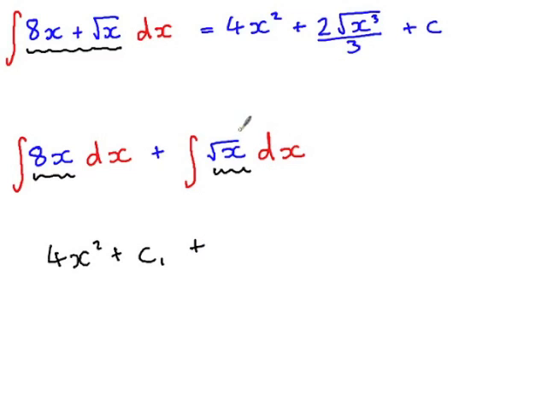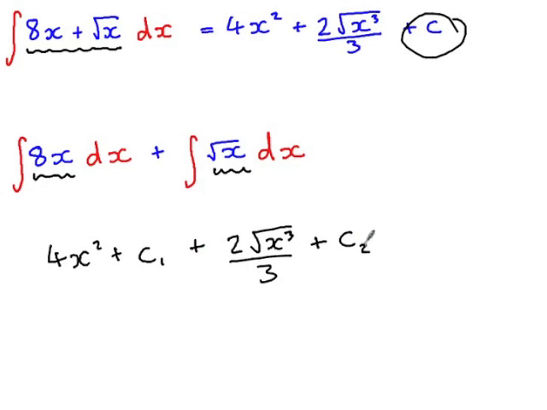And if I integrate the square root of x with respect to x, I get 2 square root x cubed over 3 plus a constant of integration. So if I simply define c as the sum of these two unknowns, then you should be able to see that the result is exactly the same.